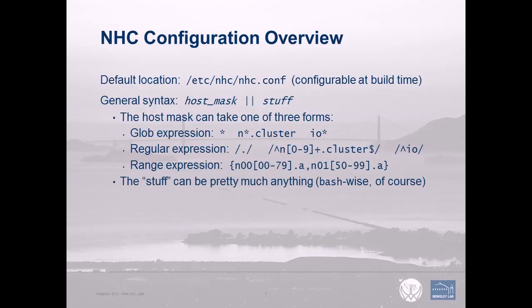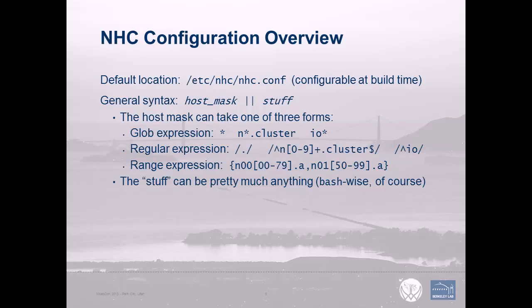So the Node Health Check configuration defaults to the path that you see here. And the general syntax is pretty simple. The first thing you have on every line of the configuration file, apart from comments obviously, is a host mask. The host mask determines whether or not each individual node will run that check.